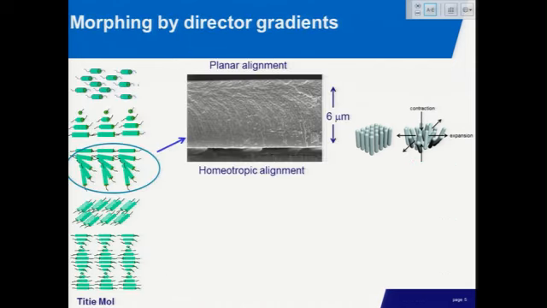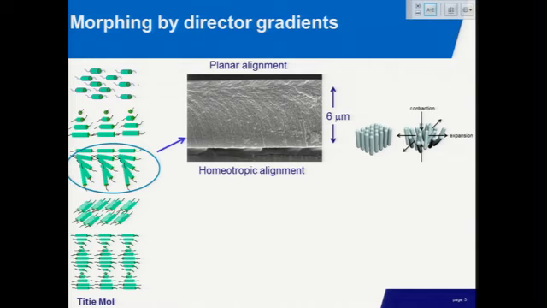So apparently, the models of this morning are at least qualitatively true. Now we can make films of this material where we can change the orientation easily from planar at the top to perpendicular at the bottom. So this is a plastic film, a polymer film, homeotropic orientation here, planar orientation here.